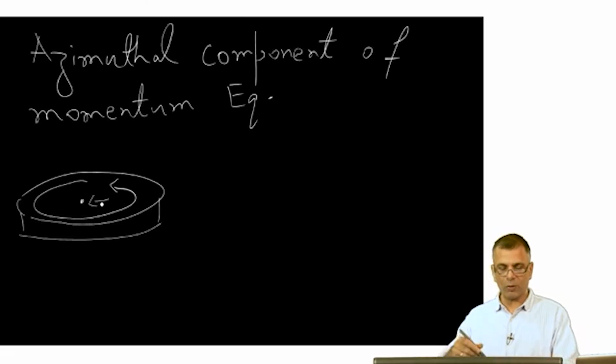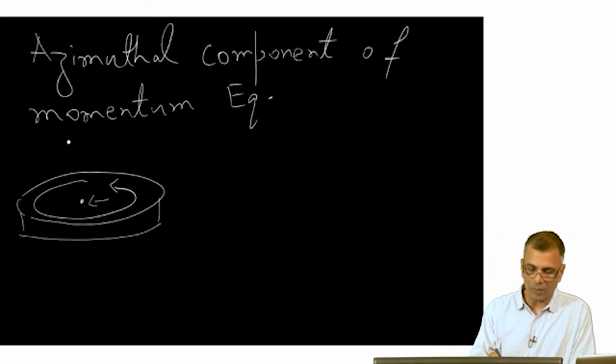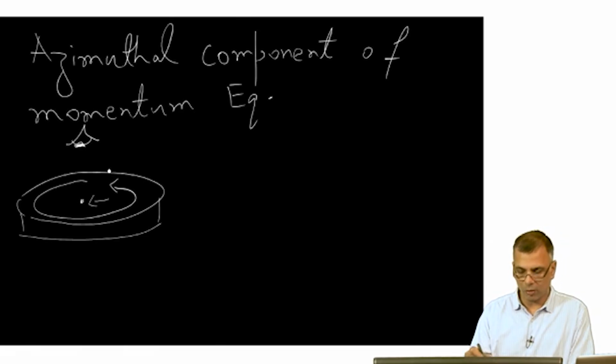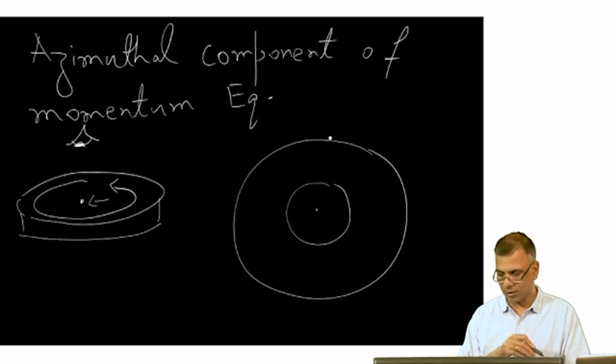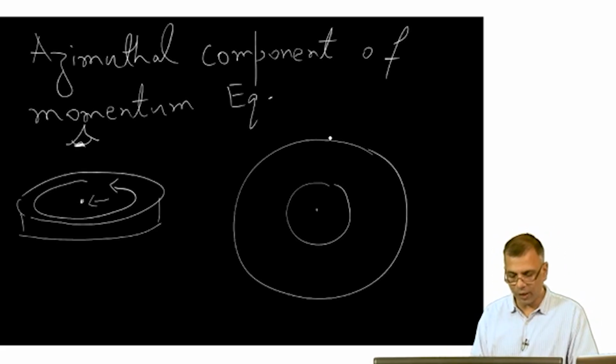Okay. Now suppose I looked top down. I looked at this accretion disk from the top. Okay. What would I see? I would see orbits like this. Like this, yeah. And what does a V phi look like?